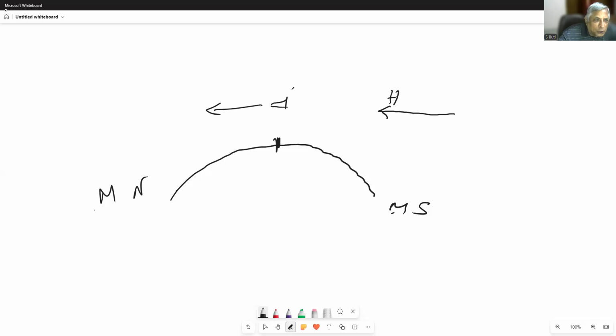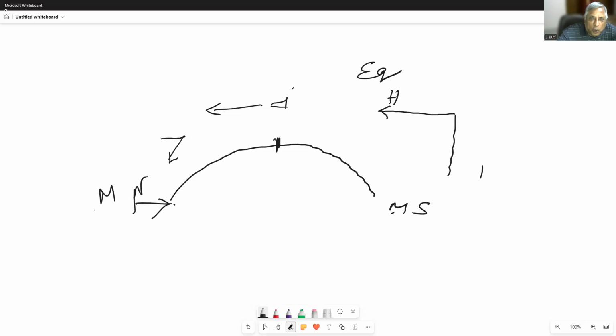As I go towards the pole, my needle starts dipping from the horizontal. And at the pole, it becomes vertical. It will be telling you, here is your magnetic north, and you are traveling like this. So at the equator, horizontal force is maximum, and I'm talking about the magnetic equator.